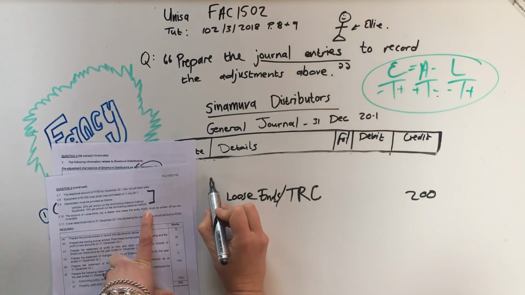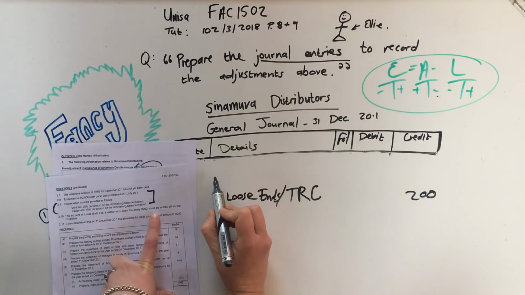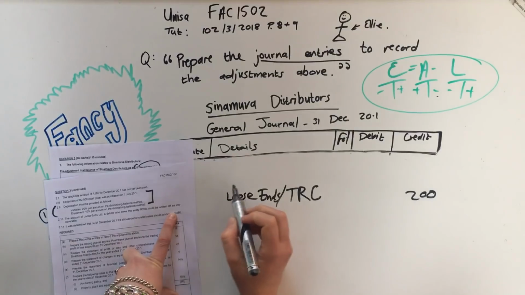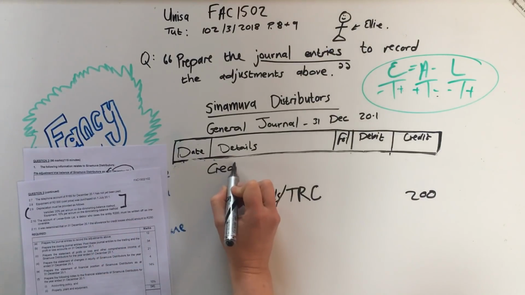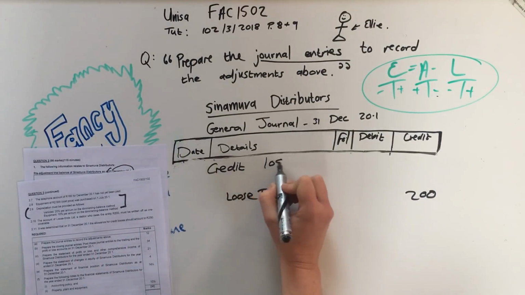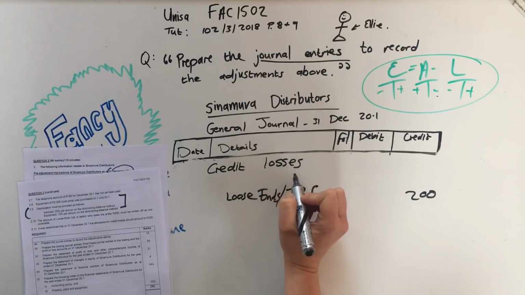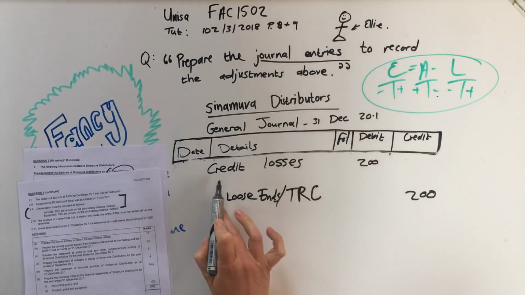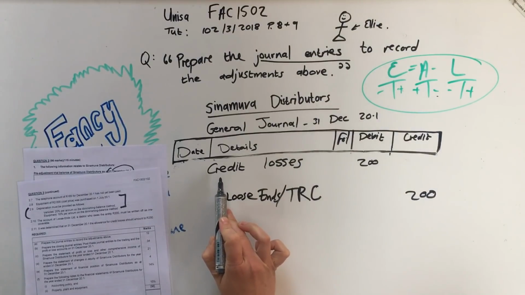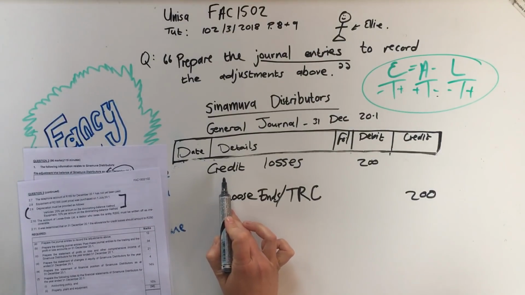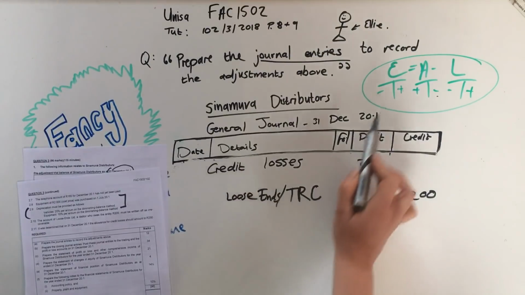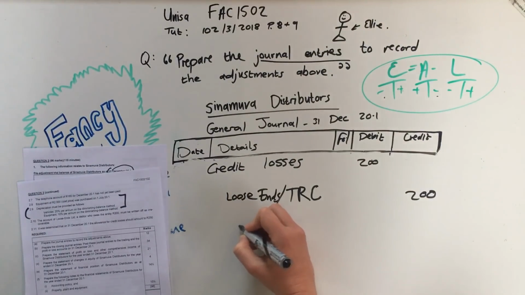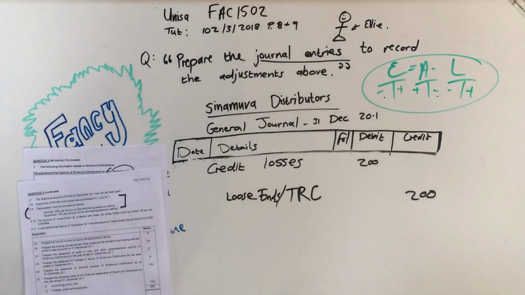Then on this side, it must be written off, so we write credit losses, 200. If I remember correctly, this is an income and expense account, and it's an expense, so if we debit it, equity goes down. Great. And we write here, account written off as irrecoverable.